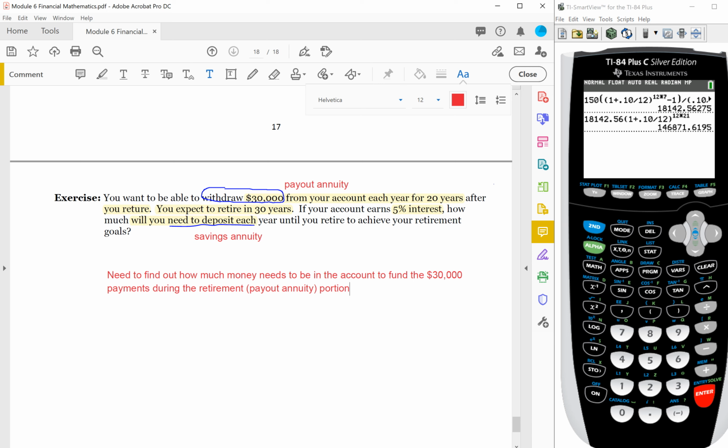So for this, we need to grab our payout annuity formula. So remember, our payout annuity formula is P. This is supposed to be your initial balance, your initial principal.